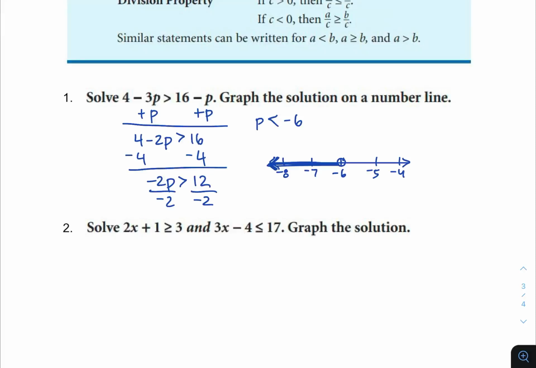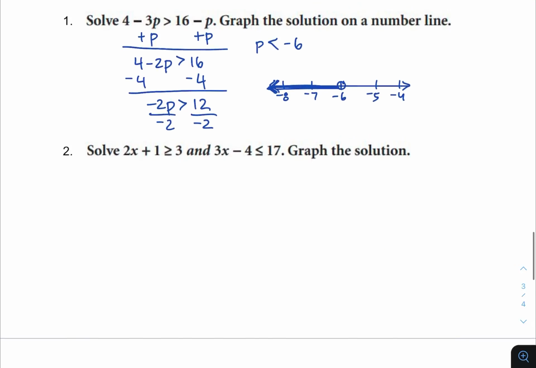And for our second example, we have 2x plus 1 is greater or equal to 3, and 3x minus 4 is less than or equal to 17. Graph the solution. So we first want to simplify both inequalities. So we subtract 1 on both sides, giving us 2x is greater or equal to 2.